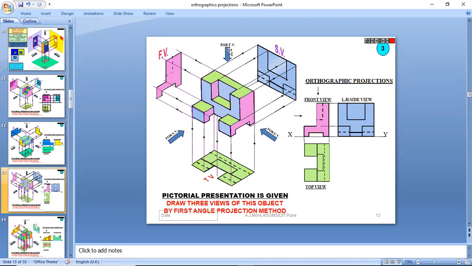On the top side, this is the faint greenish part you are looking at by observing from the top. The image you get on the horizontal plane we call the top view, and there are some hidden lines, which means the object has some hidden sides.